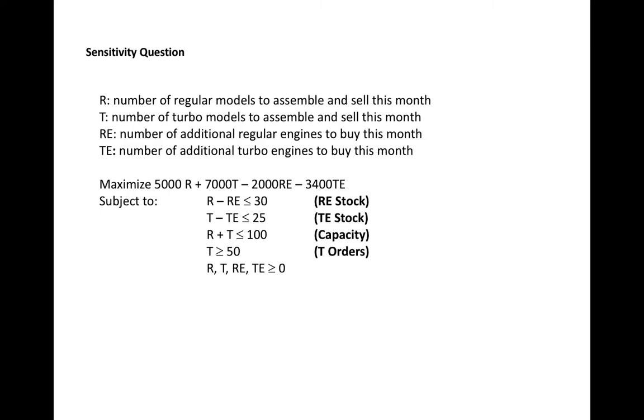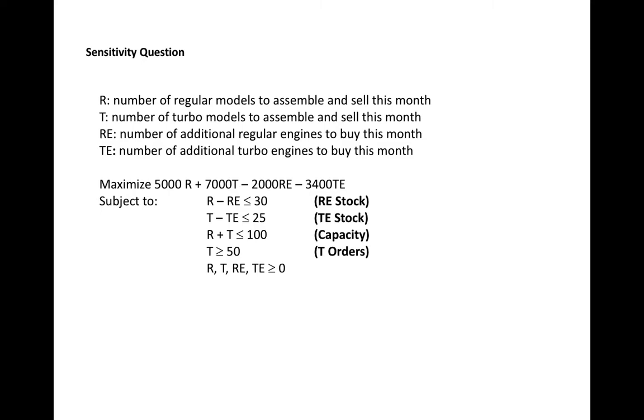The first constraint is that the number of regular models is less than the regular engines in stock plus additional regular engines we're going to purchase. The second constraint is about the turbo model and is the same as the first constraint.